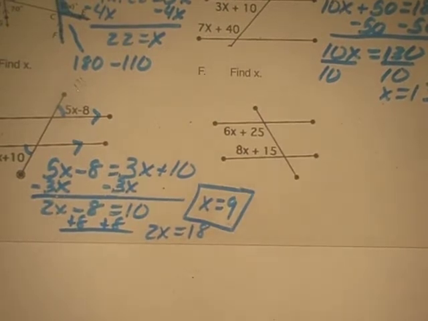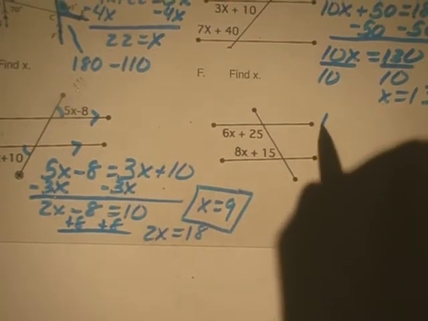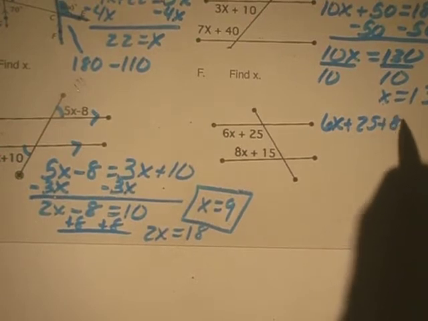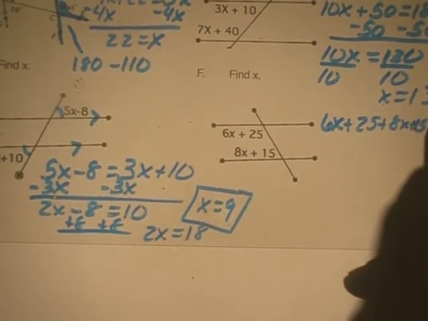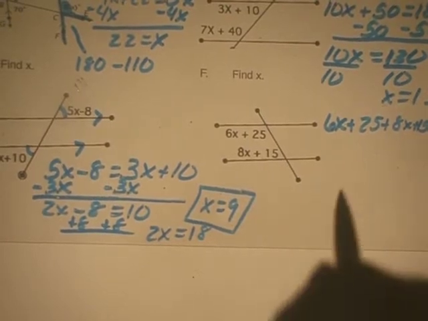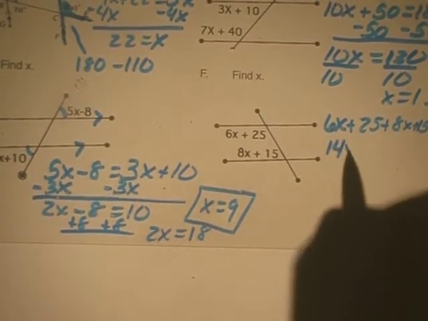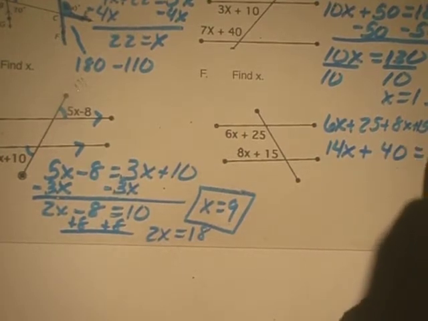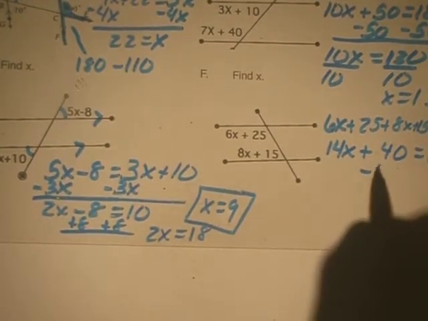And example F, again, these are same side interior angles. So 6x plus 25 plus 8x plus 15 equals 180. That becomes 14x plus 40 equals 180.